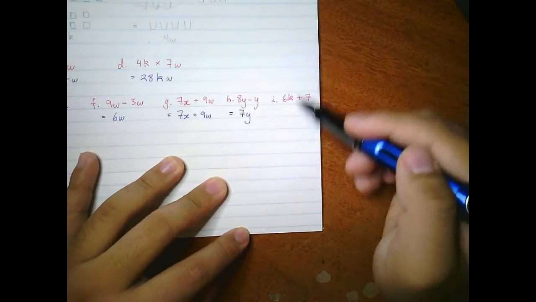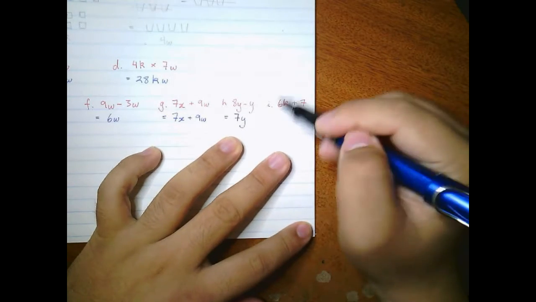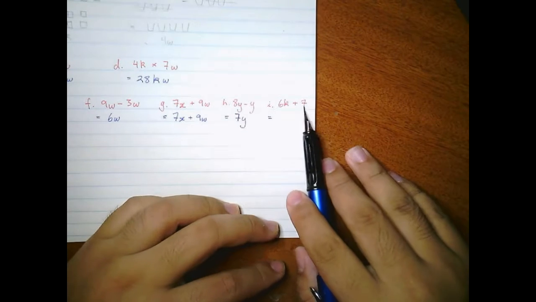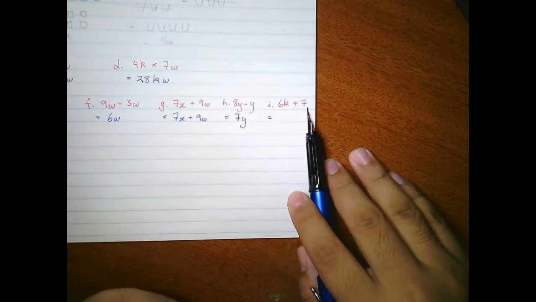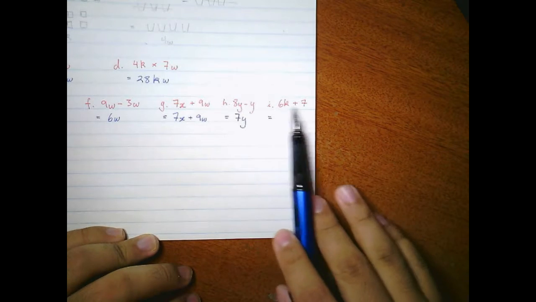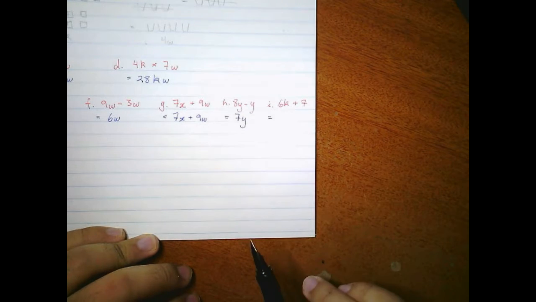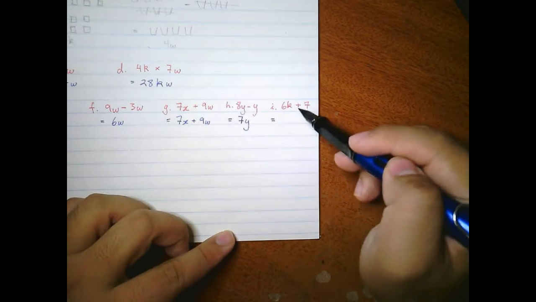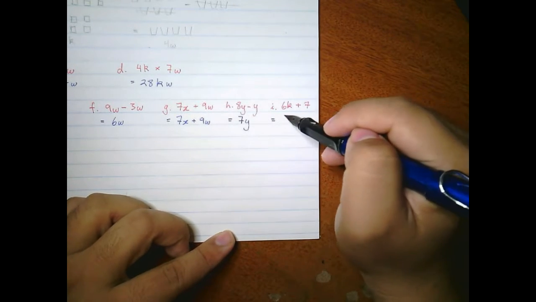And lastly, 6k plus 7. This is a bit of a curveball because this one doesn't have any letters at all. But the same question stands: do they have the same letter? The answer is no, so these are unlike terms.